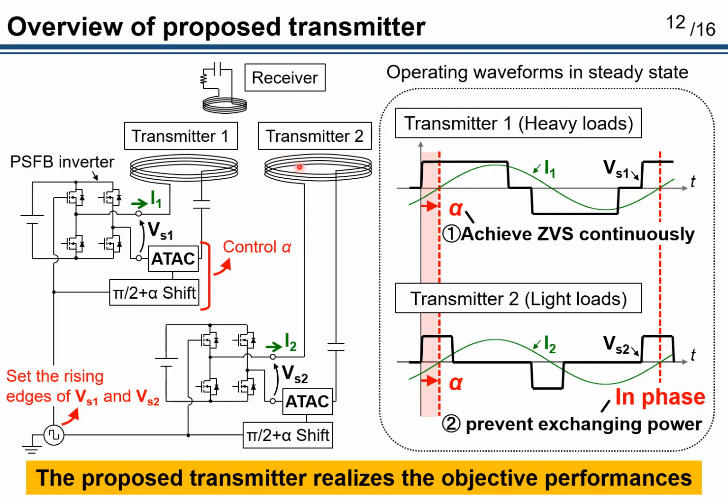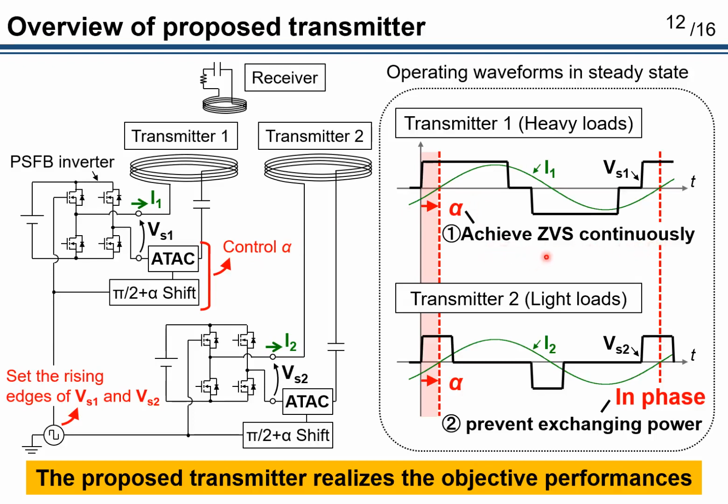Even in this condition, the transmitter current amplitude is controlled to be constant by using the phase shift full bridge inverter. Furthermore, by the control of the current phase using ATTAC circuits, each transmitter current is controlled so that the phase difference is alpha, which achieves ZVS continuously.